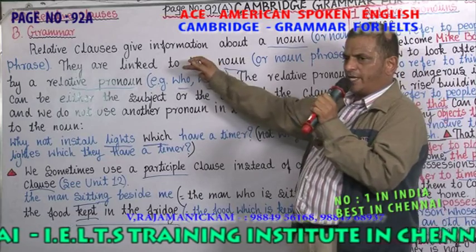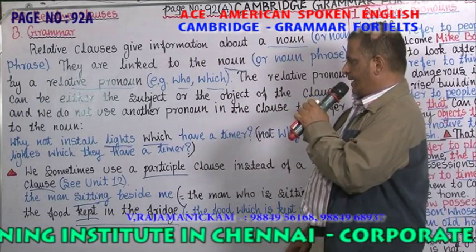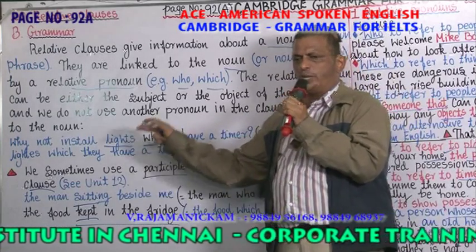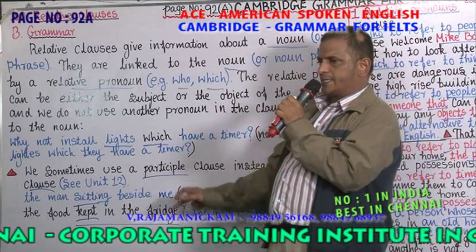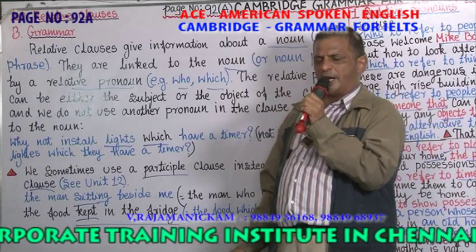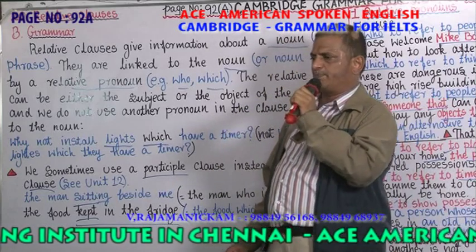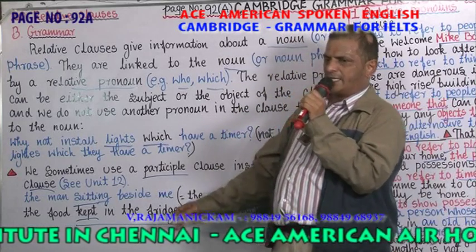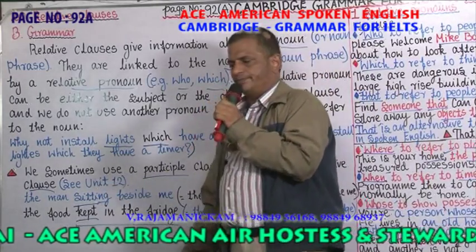Who stands for persons, which stands for things, objects. Then sometimes we don't use who and which, instead we use participles. What are the participles? Present participles, all the ING forms. Past participles, eaten, spoken. So here, sitting and kept.